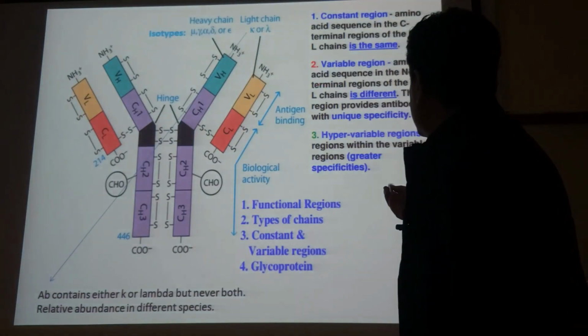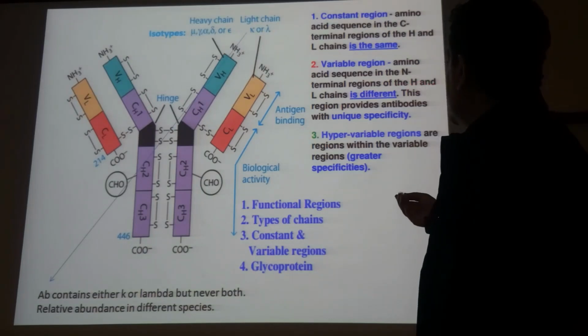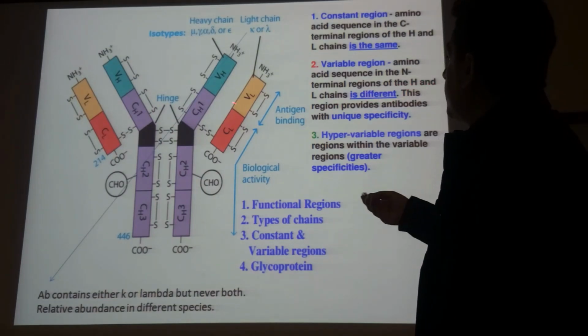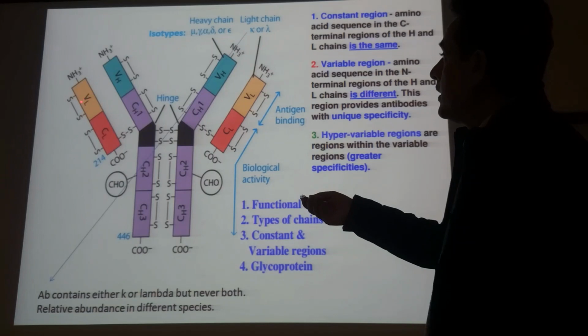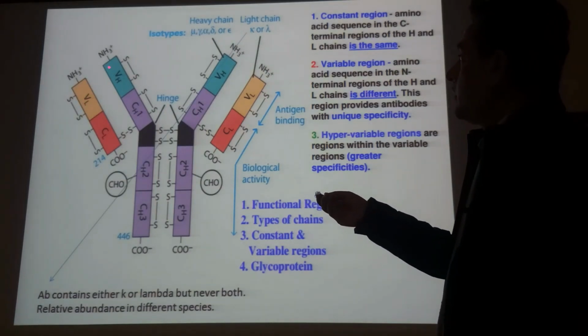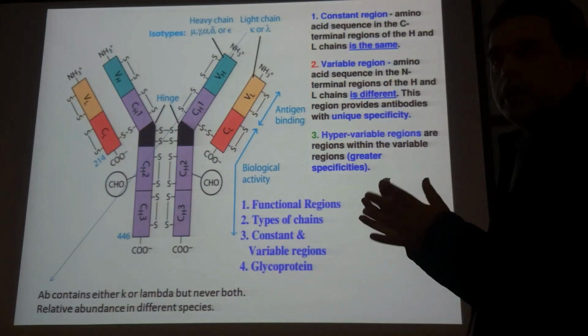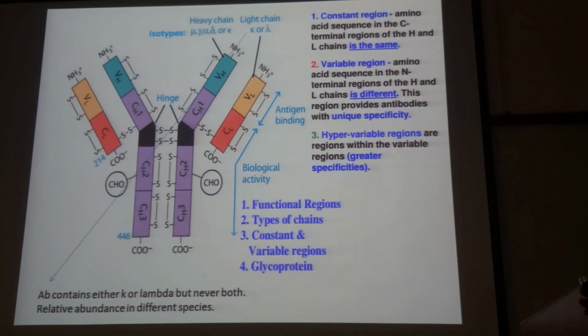And the variable chain amino acid sequences in the N-terminal regions of the heavy and light chains are different. As I told you, this is the variable region of the light chain. This is the variable region of the heavy chain. Okay, and the amino acid sequences are quite different from the rest of the antibody regions.